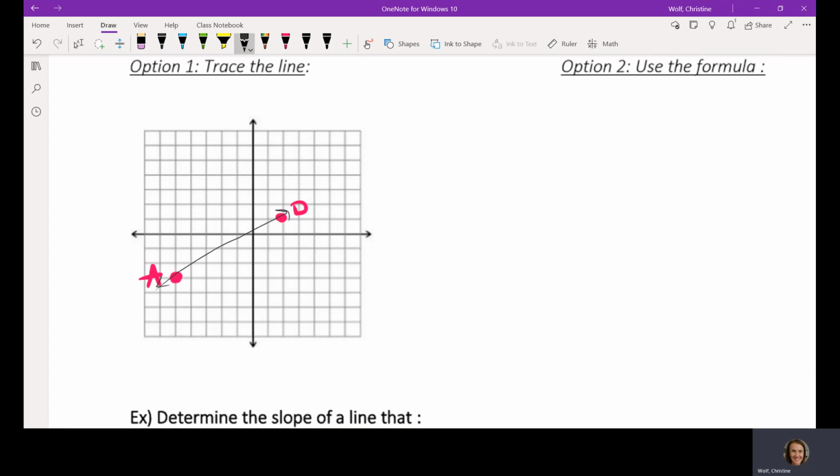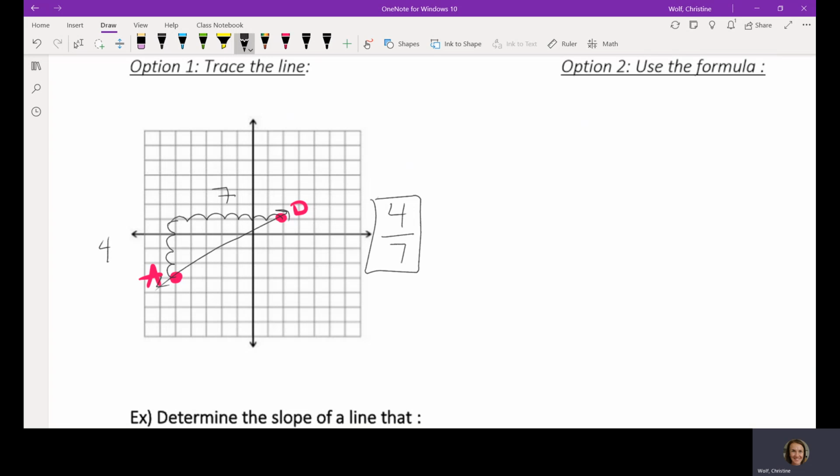All you have to do then to determine the slope is do your hops. 1, 2, 3, 4, up 4, 1, 2, 3, 4, 5, 6, 7, to the right 7, and there's your slope. Easy peasy lemon squeezy.